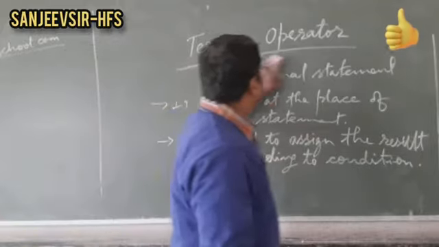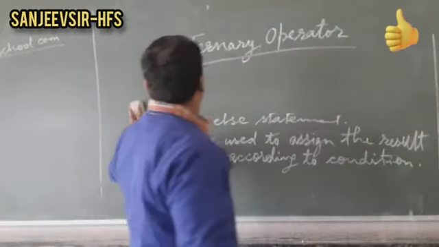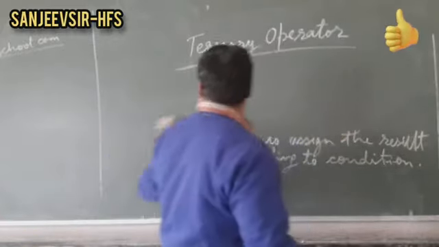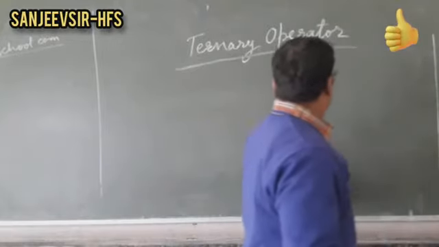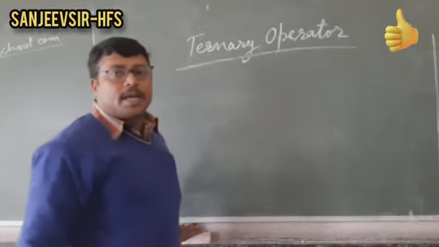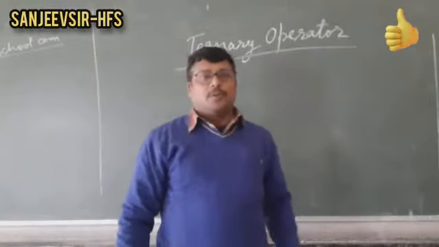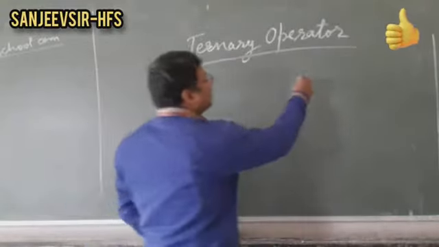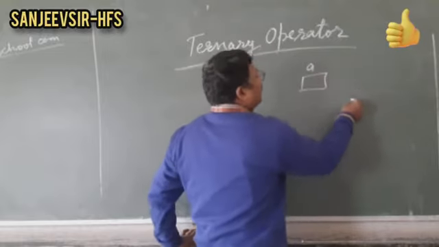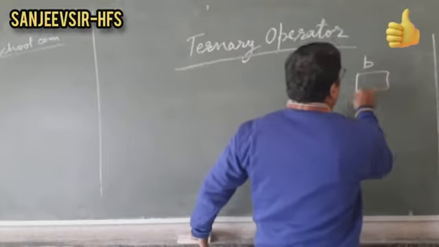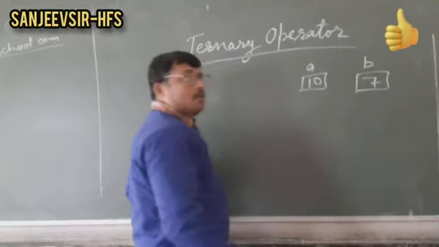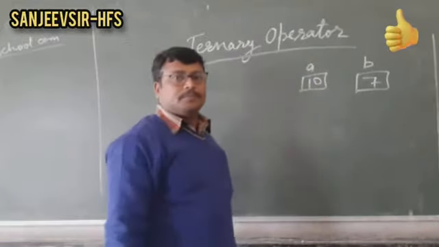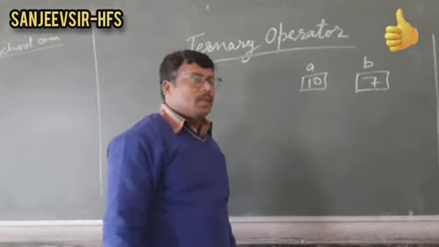Now, situation is that suppose we have two numbers, A and second one is B. A is having 10, B is having 7. We have to find out the smaller one.